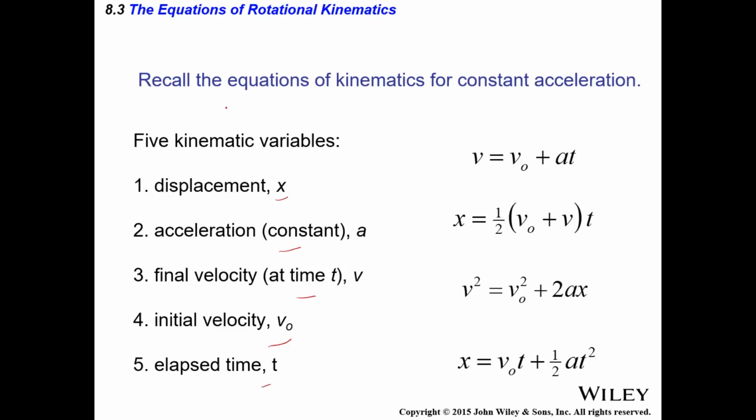So these were for translational motion, and this was also 1D, a straight line motion. And we defined for a constant acceleration these kinematic equations which we use to solve different problems of mechanics.